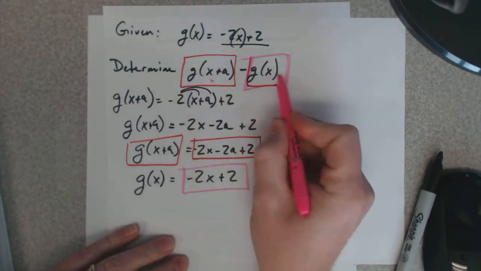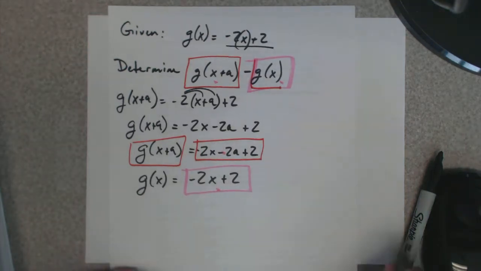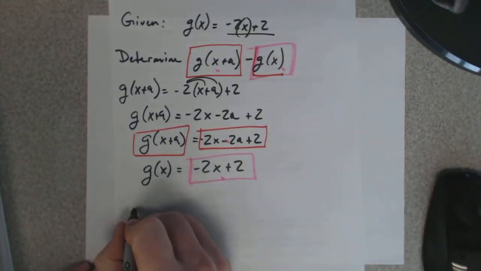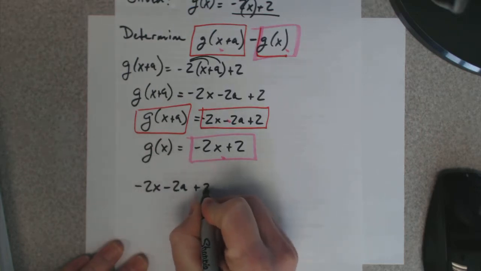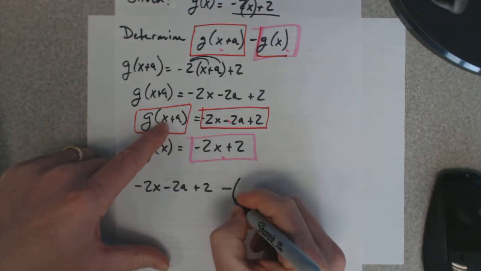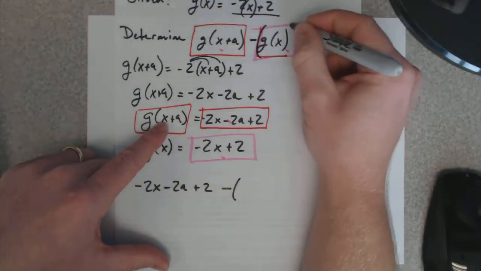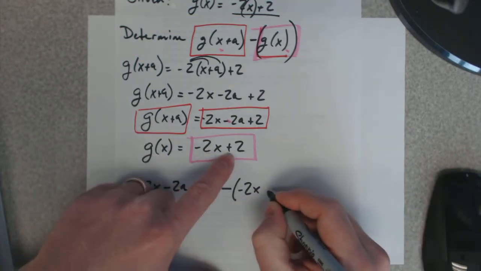So this part minus this part. Red box was negative 2x minus 2a plus 2. That's g of x plus a minus, I'm going to use a parentheses here because you're subtracting the whole thing, minus g of x, negative 2x plus 2.